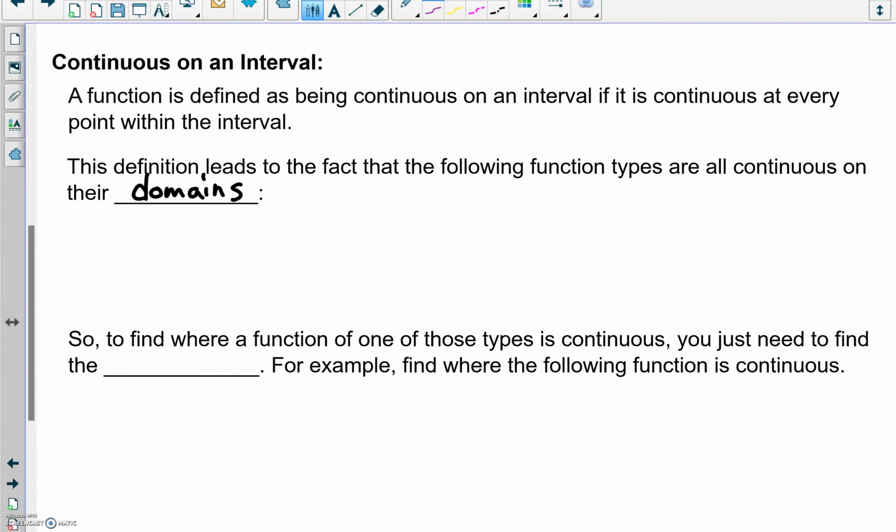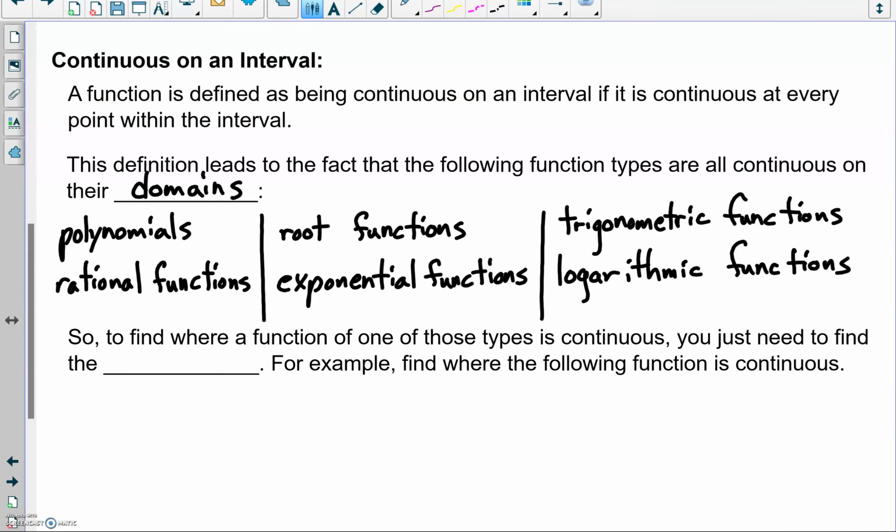So let's go ahead and see these function types. Polynomials, things like x cubed plus 5x squared minus 7x, they're going to be continuous on their domains. And really, polynomials, because there are no breaks in the graph at all, ever, are continuous from negative infinity to infinity.